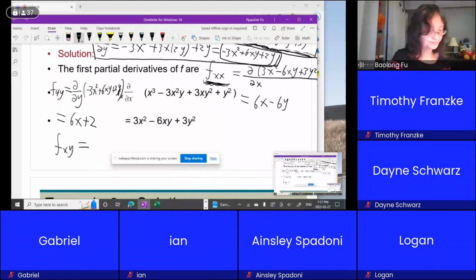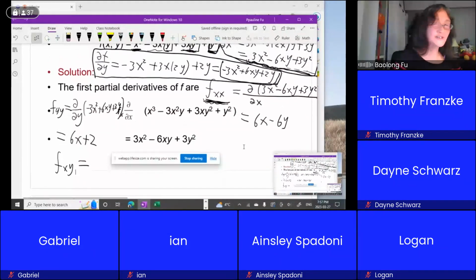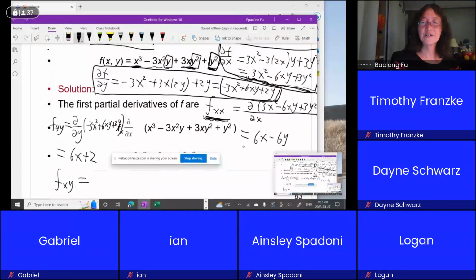Another possible is fxy. So fxy means you take derivative of, let me see, fxy. So take derivative x first. So you got this one here. First order derivative is here.